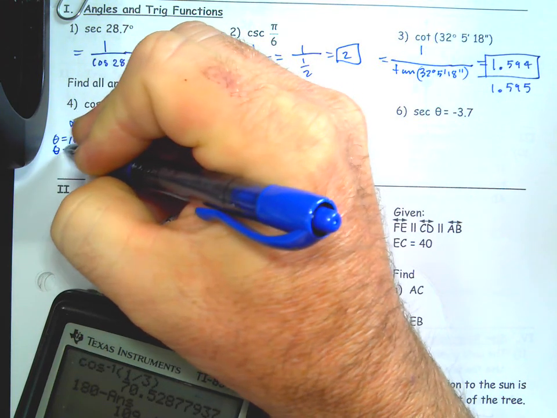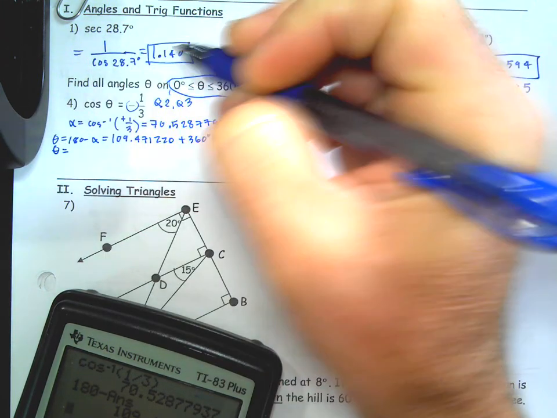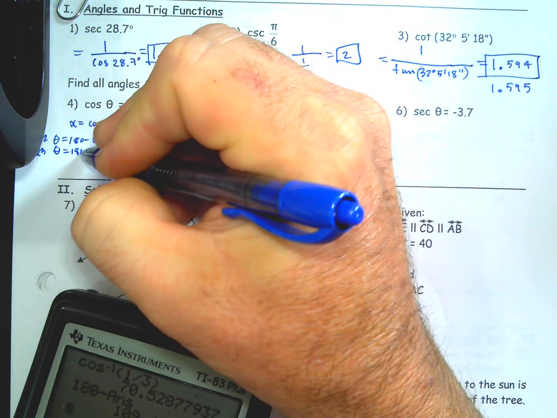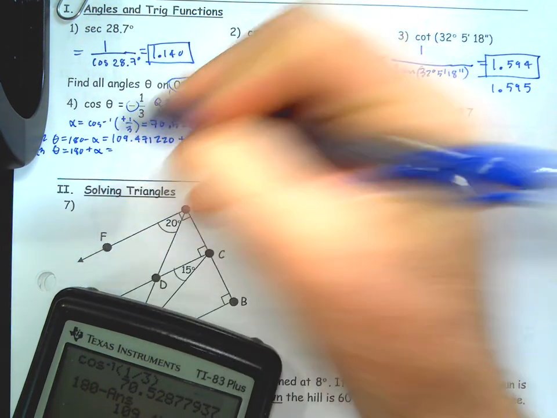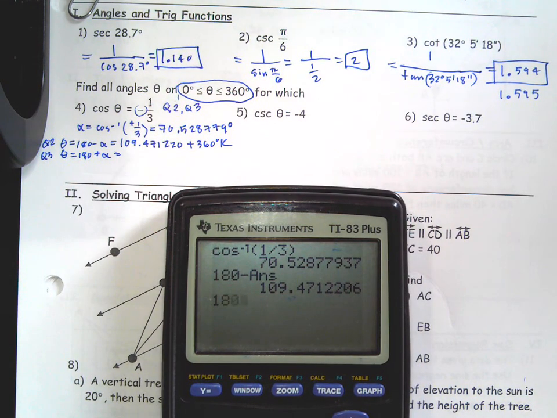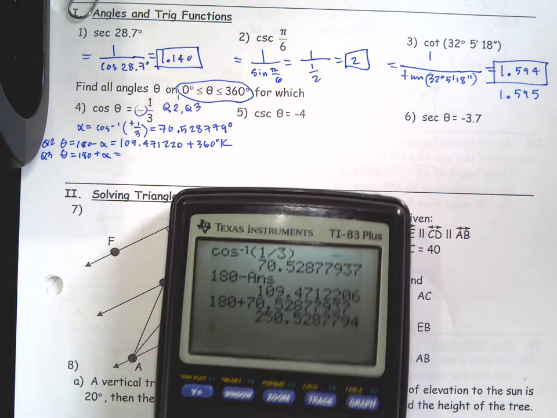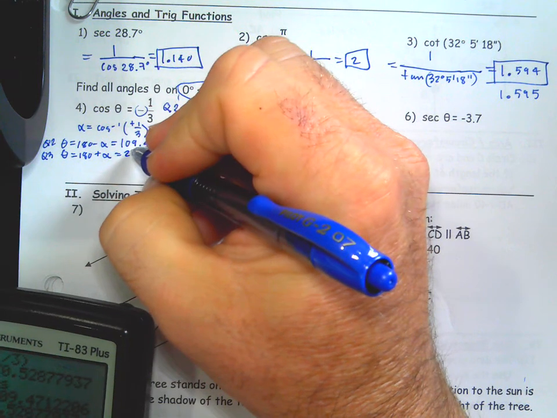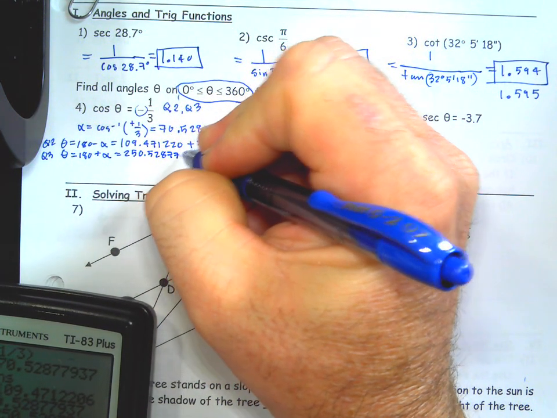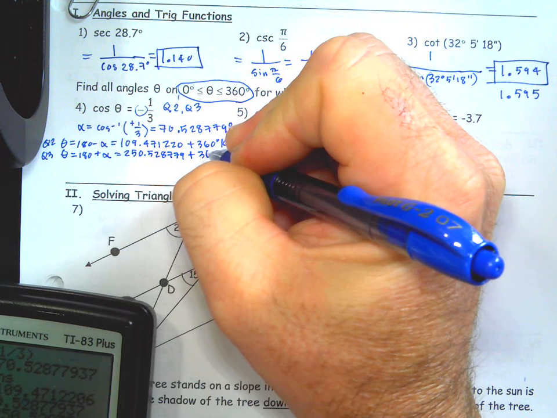And so that's quadrant 2. Quadrant 3 is going to be 180 plus alpha. So 180 plus 70.528779, 250.528779 plus 360k is all the possible answers.